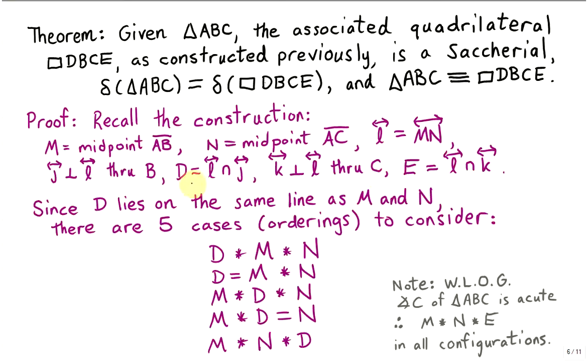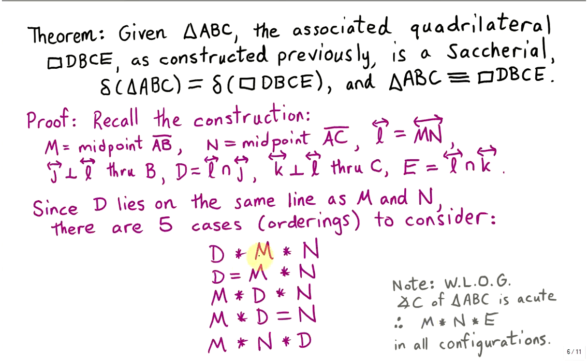And these new two points of intersection, we call them D and E. Now, again, without loss of generality, you can assume that one of the angles of your triangle is acute. We'll just assume that's the angle C, and so in all our configurations, we'll have N located between M and E. The position of D could fall into one of five cases.